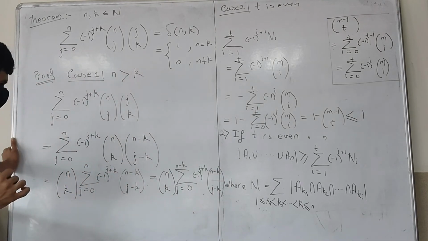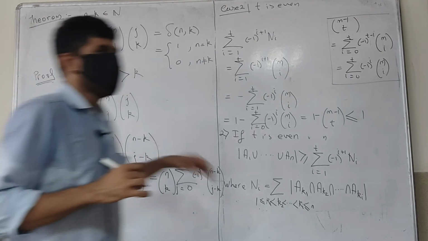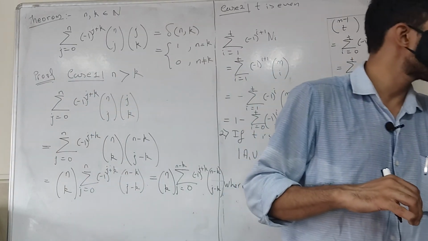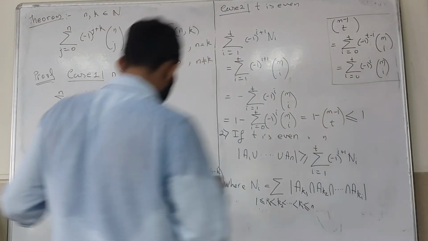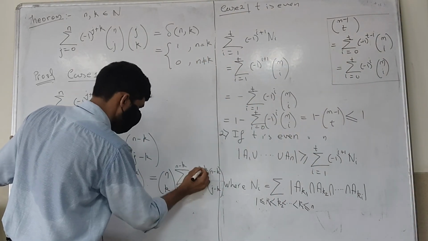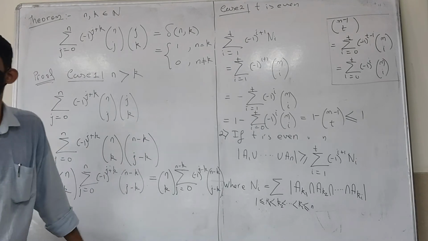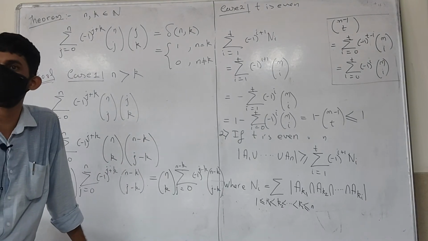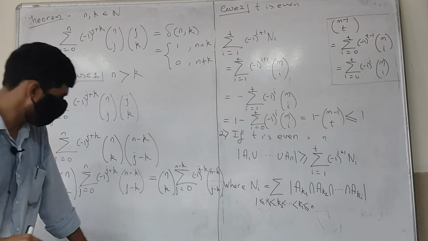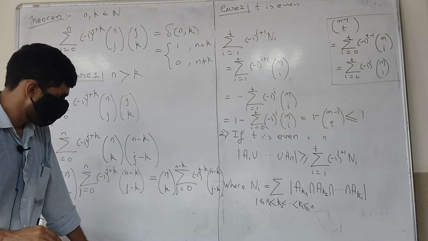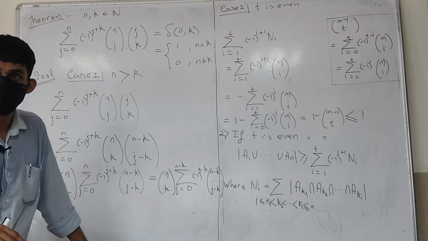Okay, so now what do we have? Can anyone notice? What if I replace this by j minus k? Minus 1 raised to j plus k and j minus k is the same thing, right?